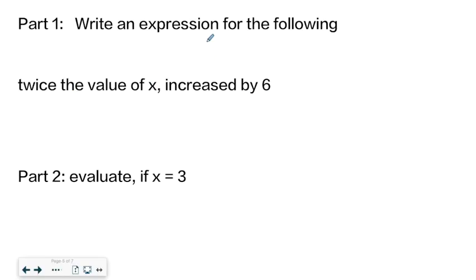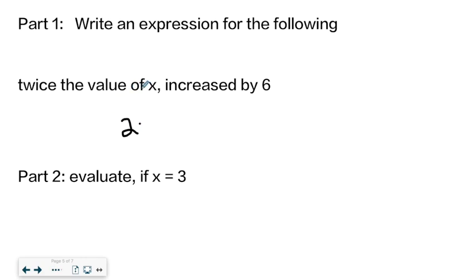So, write an expression for the following. Twice the value of x increased by 6. So twice the value of something, well, I know that twice is 2. But twice the value also means multiplied by 2. If I do twice as many push-ups as someone, I'm doing 2 times the number of push-ups they did.